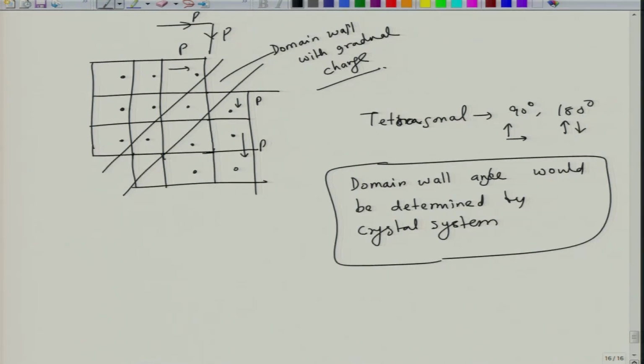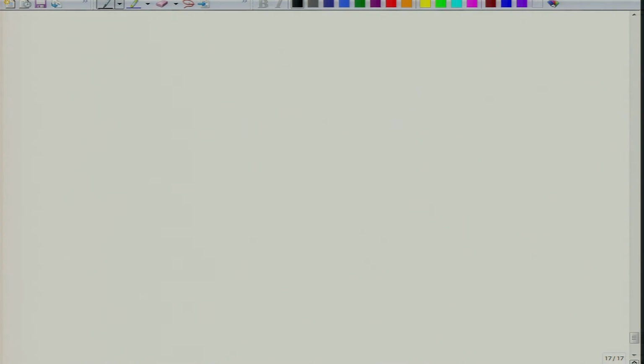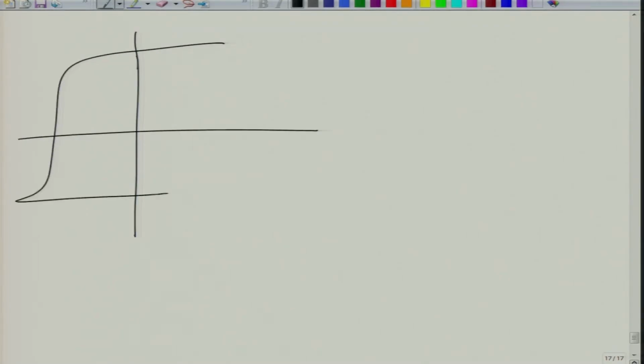So now let us see, once we know how the domains form, what happens in the case of free energy, in the case of switching, essentially when you start switching. So you start at this point PE, in this material at this point A, although the material has domains, it is in the polycrystalline state.